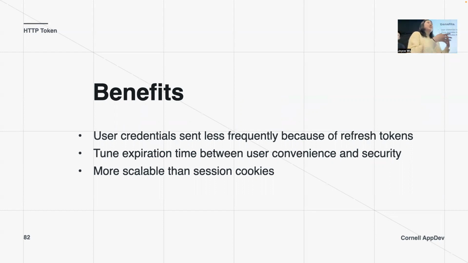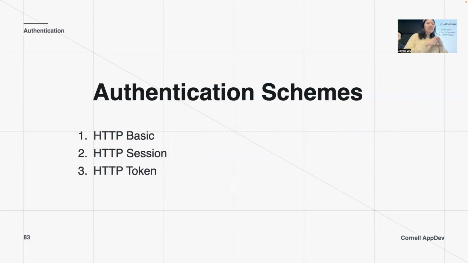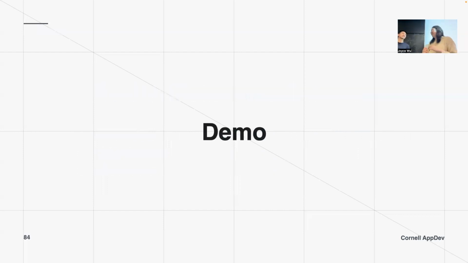But here, because we have that refresh token, we don't need to do that as often. We also have the same expiration date flexibility, where you can tune it for user convenience and security. It's also more scalable because you're storing a lot less information. You're just storing your access token and your refresh token, and those are just two strings. So that's the final authentication scheme, and I think that's the one we're implementing in the demo today. But yeah, I think now it's time for the demo.